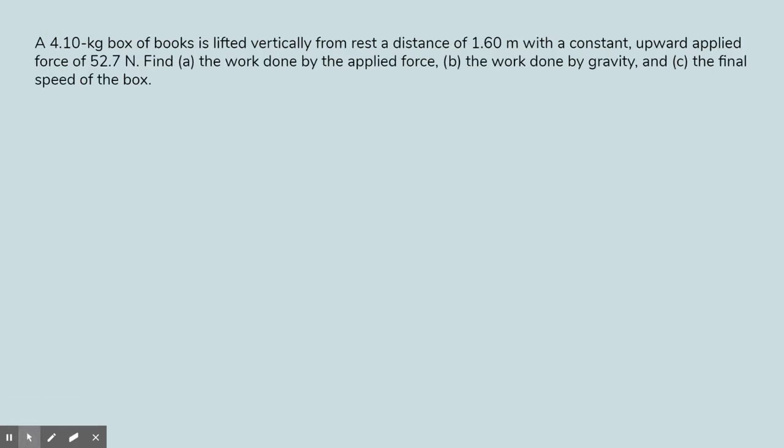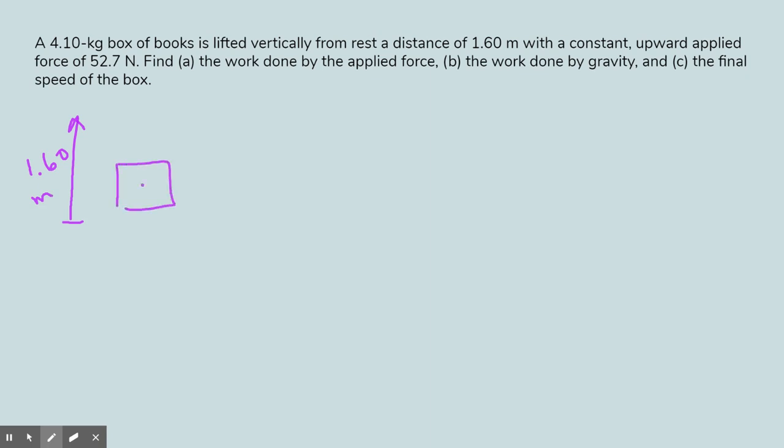Moving right along, we have a box of books that's going to be lifted vertically. So we're going to be moving the box a distance of 1.60 meters. So we're moving it in this direction, 1.60 meters. And there's a constant applied force upward of 52.7 newtons.